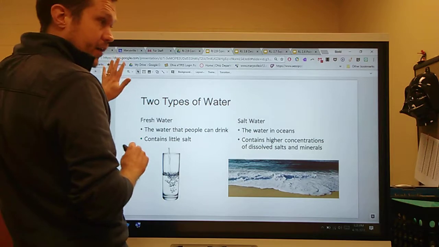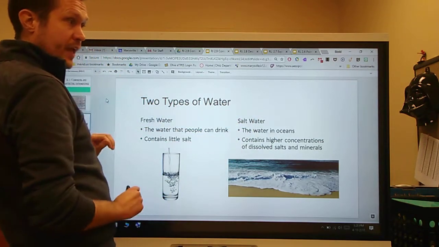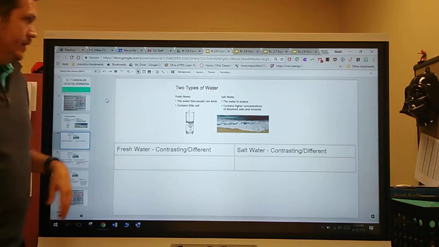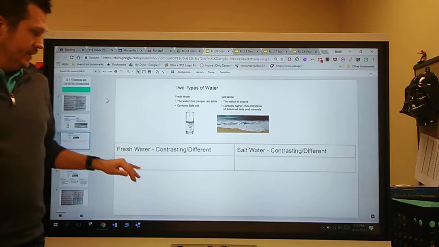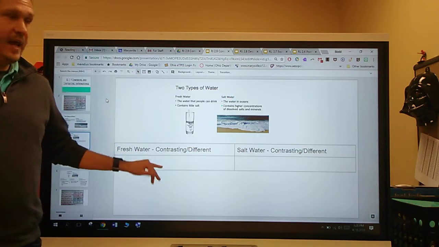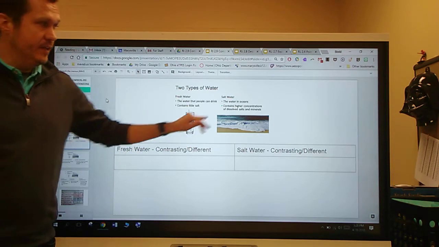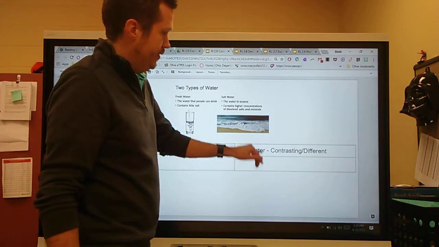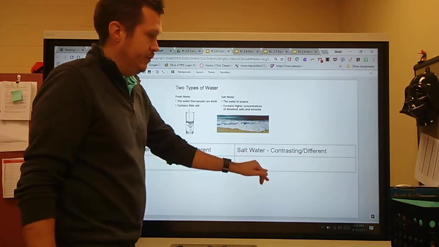So now let's compare and contrast. What do they have the same, and what do they have that's different? All right, here's the text again. Fresh water, contrasting, different. What does this have that this doesn't? I'd write that here. What does salt water have that fresh water didn't? I'd write that here.